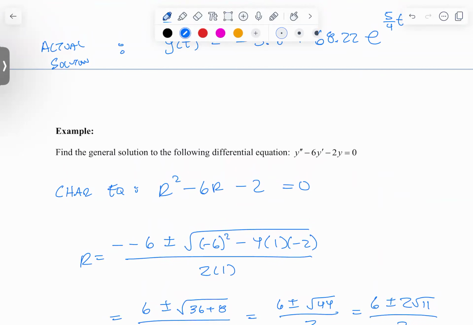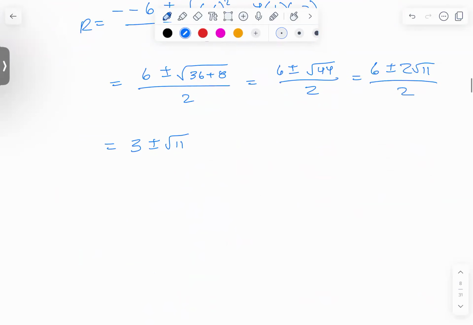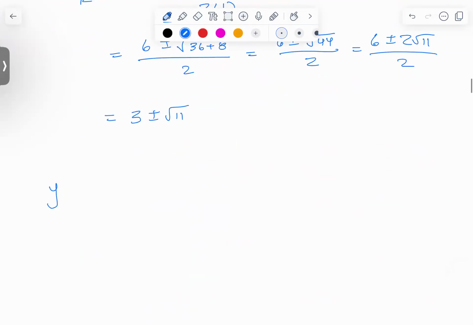But since I'm just going to the general solution, this one I can actually write out precisely, because I can actually be precise with this.